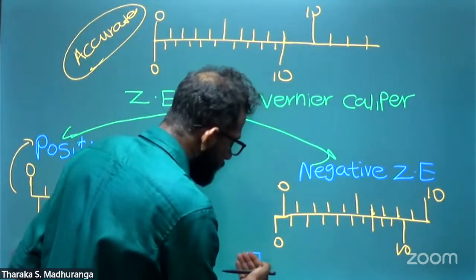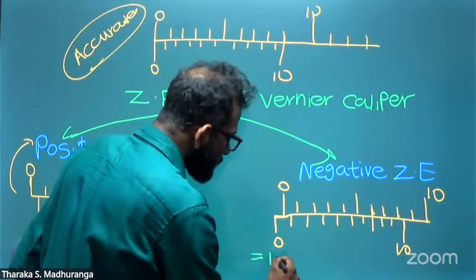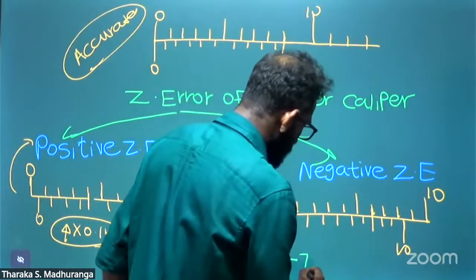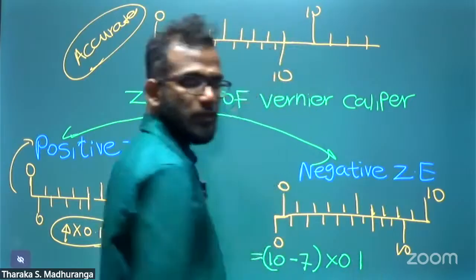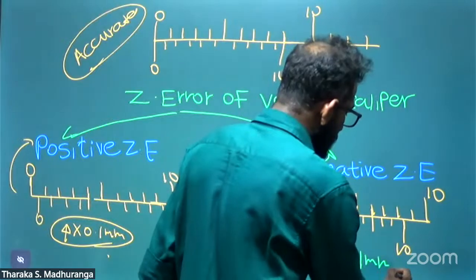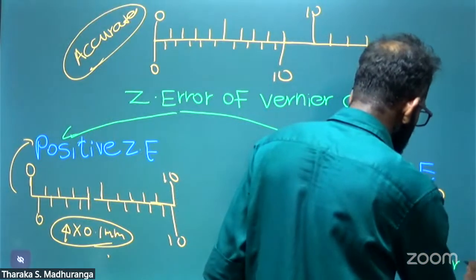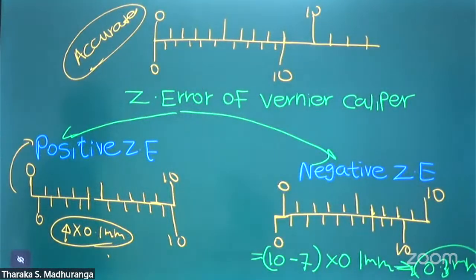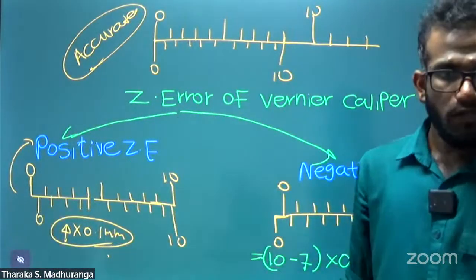Total vernier parts 10 minus the coinciding one, 7, multiplied by the least count. That's from the vernier caliper lesson. 10 minus 7 gives 0.3 millimeter, which is the negative zero error of this given instrument.